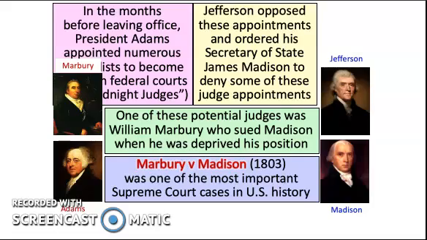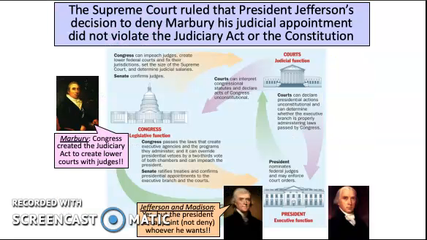So Marbury v. Madison happens in 1803, and it becomes one of the most important Supreme Court cases in U.S. history. Now, how the whole thing ended up working out was not to really Marbury's liking. The Supreme Court ruled that Jefferson's decision to deny Marbury his judicial appointment did not violate the Judiciary Act or the Constitution.